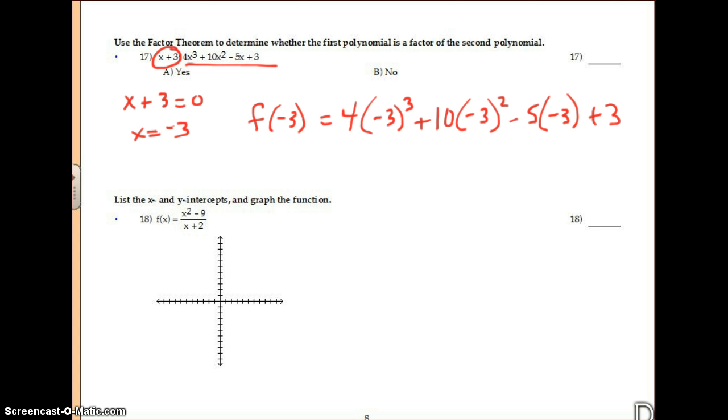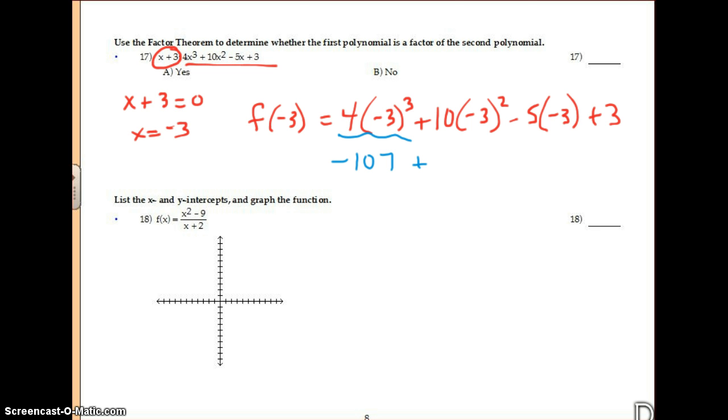And just simplify that. That's going to be 4 times negative 27, which would be negative 108, not negative 107, I'm sorry.